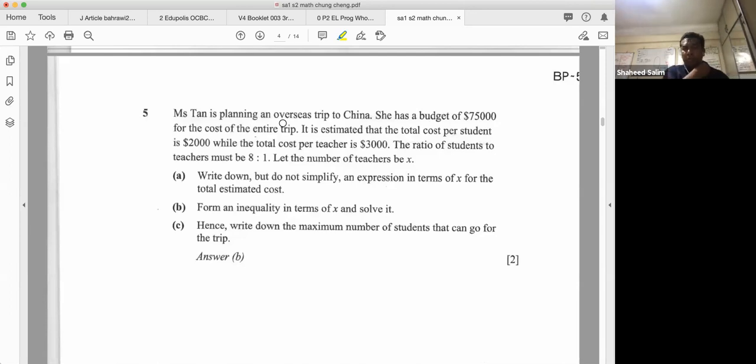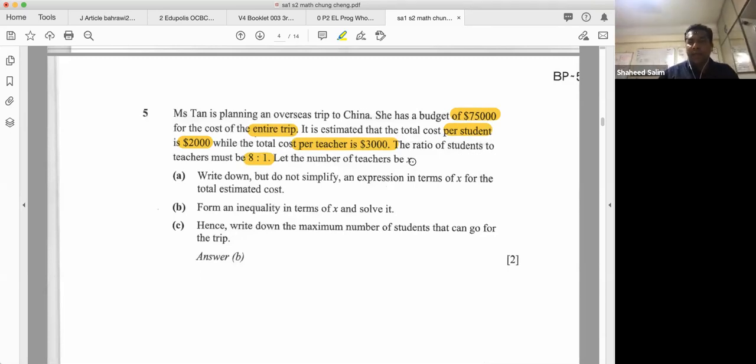But you think through first. I just give you this entire trip. Cost per student, this. Cost per teacher, this. Ratio 8:1.